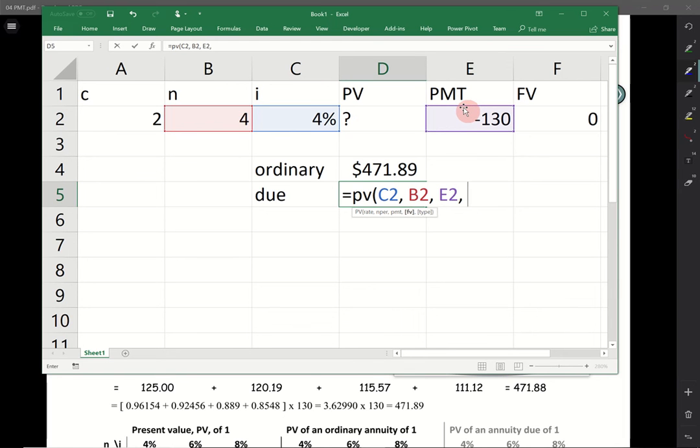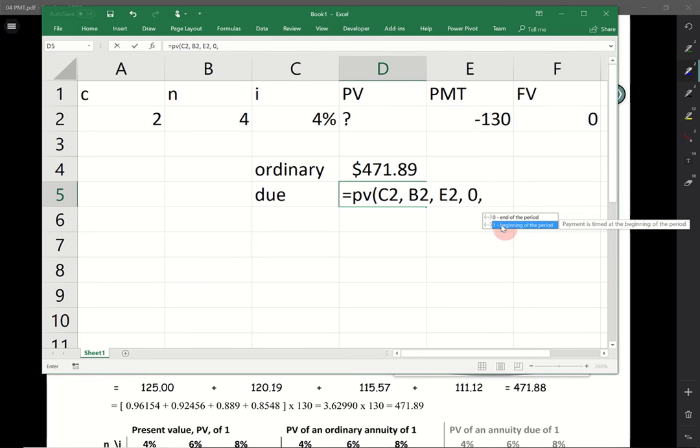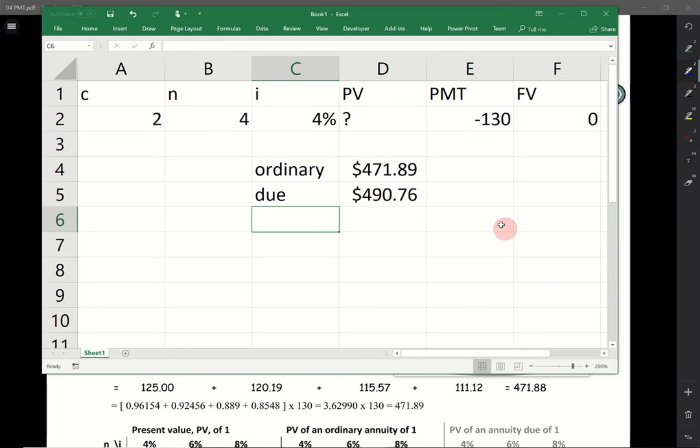Here we need to get out to the last value, so we have to explicitly put in 0 there. Now we're at this last type, and you can see 0 is the default. If we do 1, we get the annuity due value.